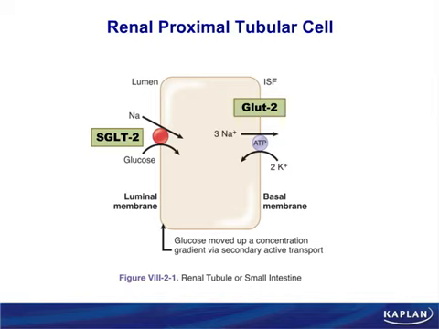As glucose moves inside the cell from the lumen, and you have an increase in your intracellular glucose concentration, glucose will be transported via the GLUT2 transporters via facilitated diffusion out of the proximal tubule cell into the peritubular capillaries. And this is how glucose is reabsorbed in the proximal tubules.